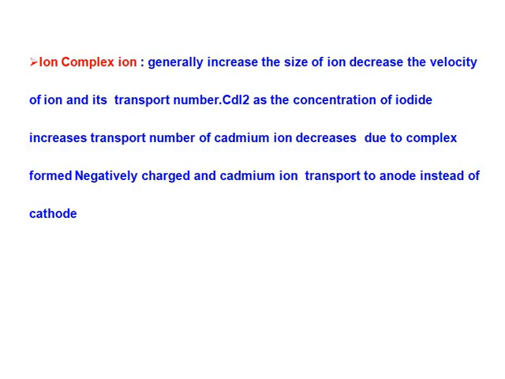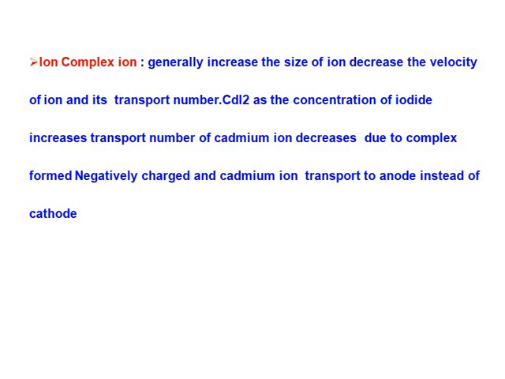And the last factor, ion complexation. Complexation generally increases the size of the ions and therefore decreases the velocity of the ions, and therefore decreases the transport number of ions. A unique case is observed in cadmium iodide.